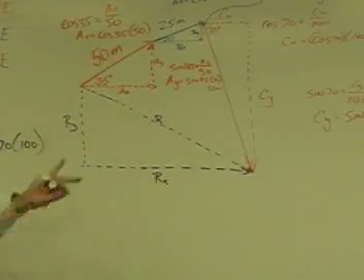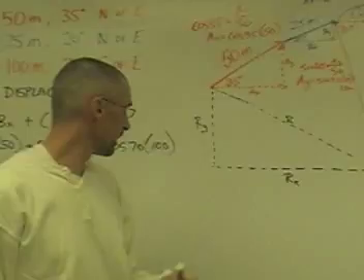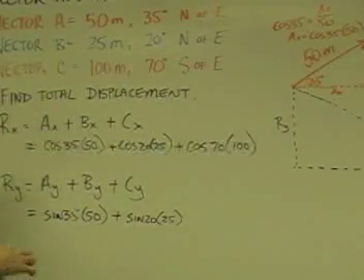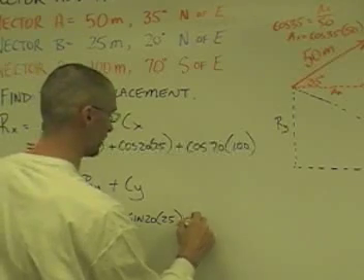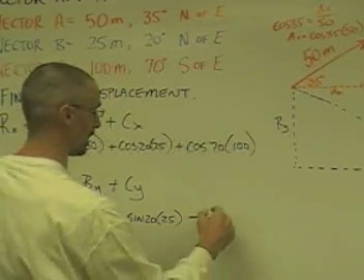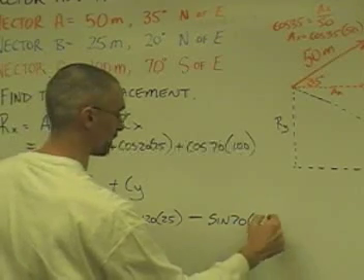Now, because we dealt with this as positive going up and that's positive, this has to be negative. So we're going to come in here and write a negative, or plus a negative, sine 70 times 100.